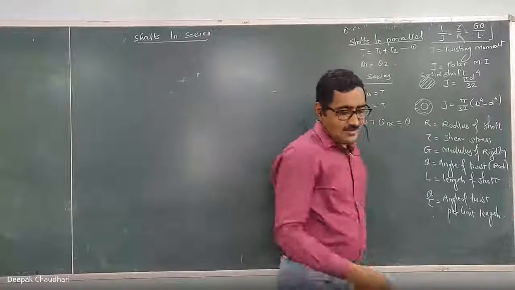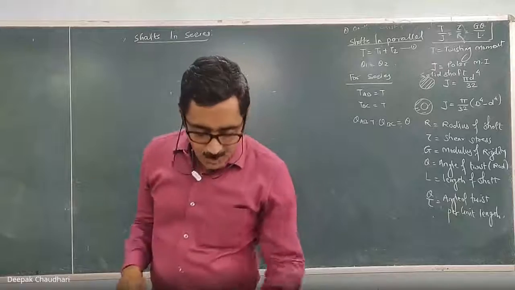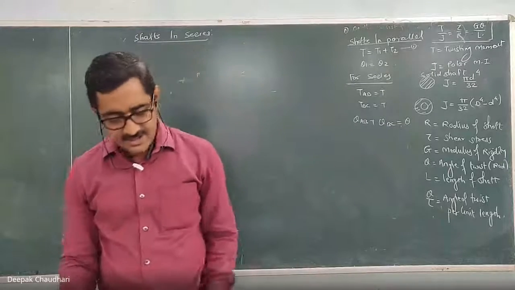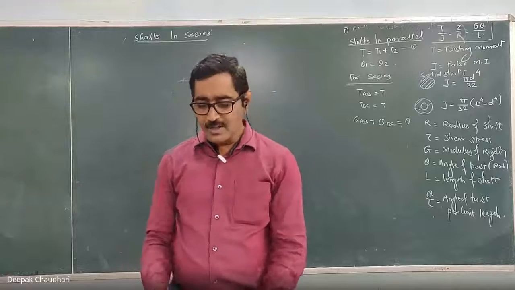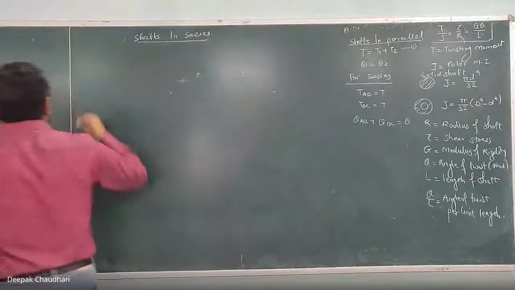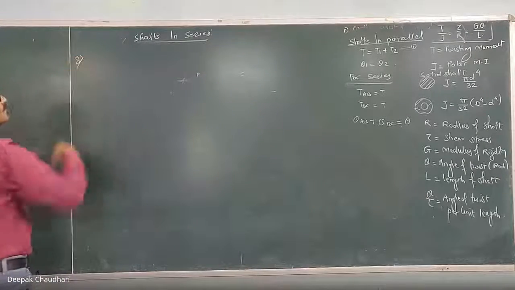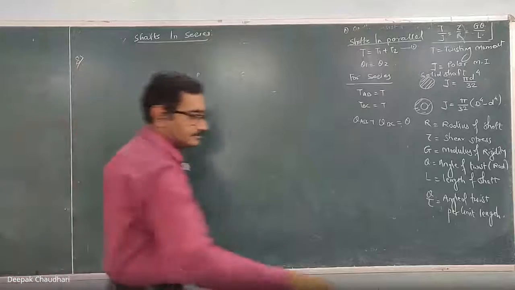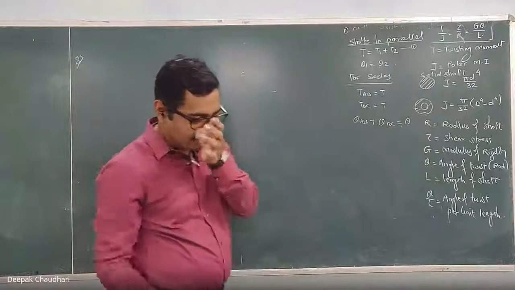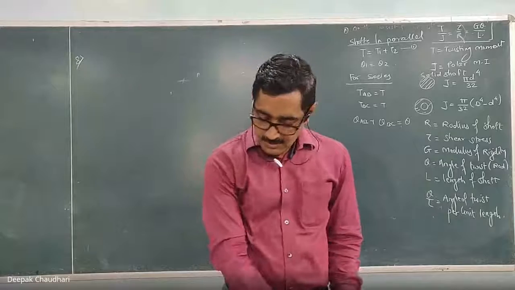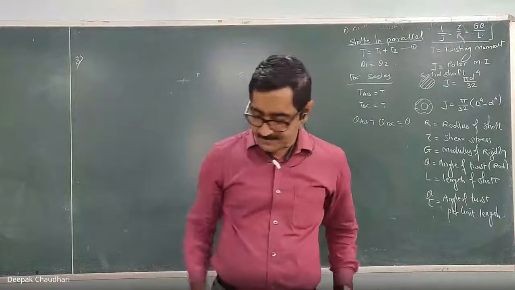Now we'll solve one sum on shafts in series and one sum on shafts in parallel. Sum number 8. What is given in sum number 8?